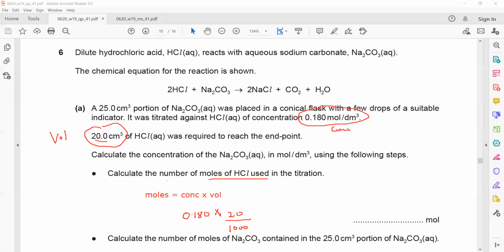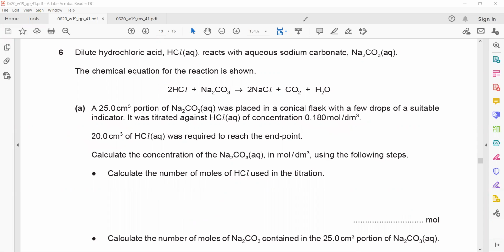What's the answer for this? 0.0036. These are the moles of hydrochloric acid.